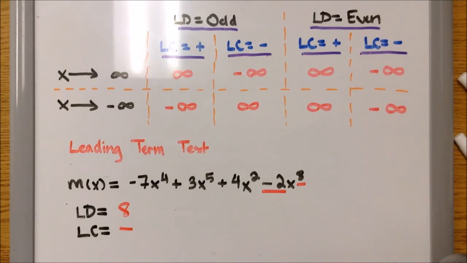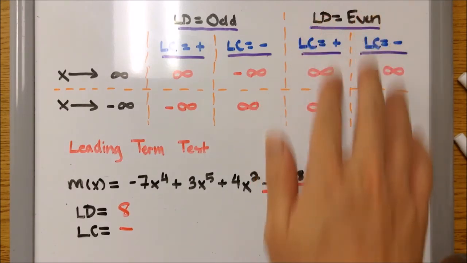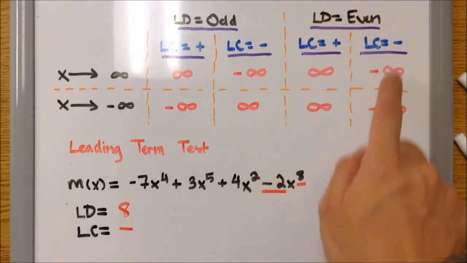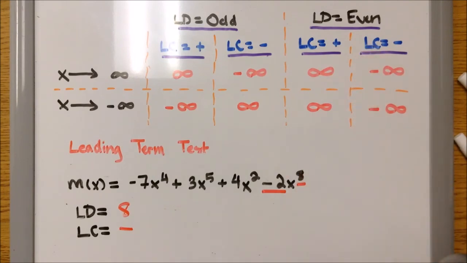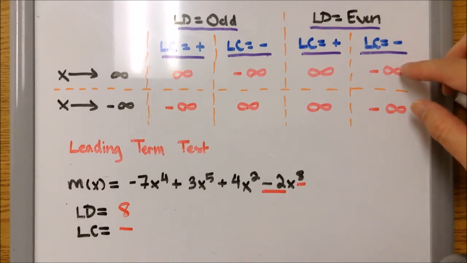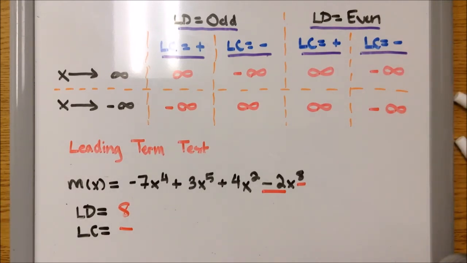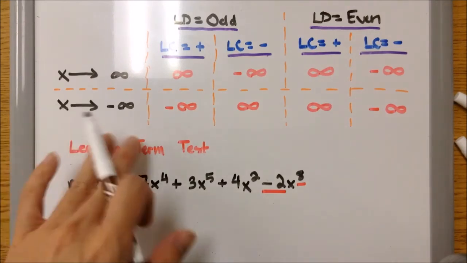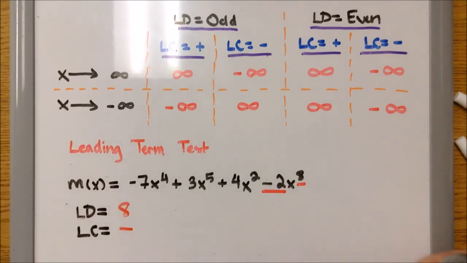So we're going to be looking at the even side for leading degree, and then the negative for the leading coefficient. So we got the information for the right side and the left side. So now we just have to write the limit notation for end behavior. So let's say for this time I'm doing the left side first.